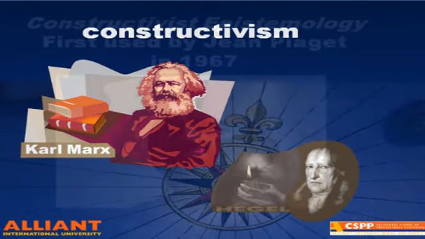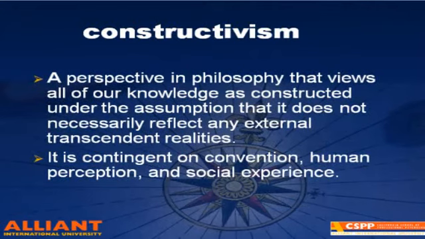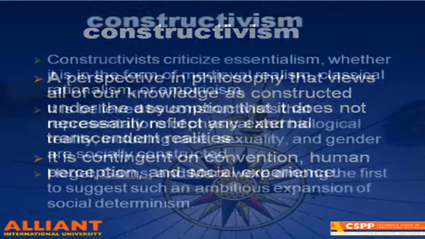Constructivism, first used by Piaget, is a perspective in philosophy that views all of our knowledge as constructed, under the assumption that it does not necessarily reflect any external transcendent realities. It's contingent on convention, human perception, and social experience.